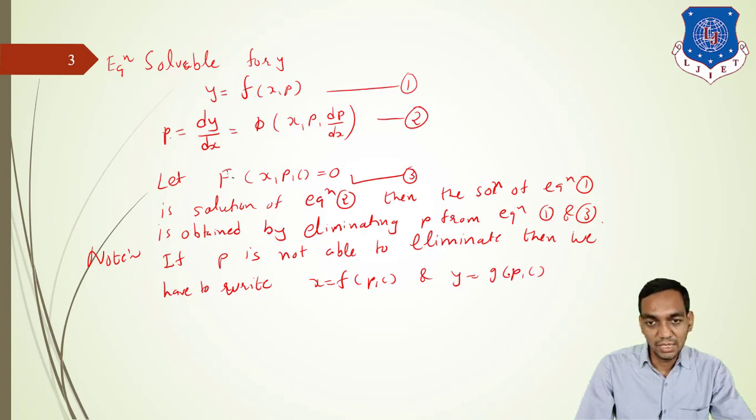That means you have to write down x and y in a parametric form where p is a parameter. Okay, this is the first one.